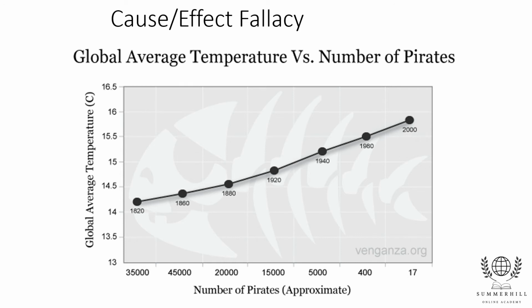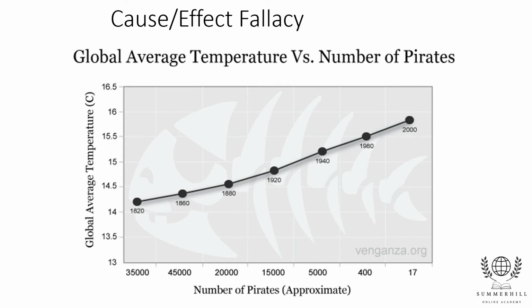Also, very common is the misuse of cause and effect. So there are times when candidates will show a causal relationship between two things when there really isn't one. For example, this graph is an excellent example. This graph is actually based on fairly real numbers.